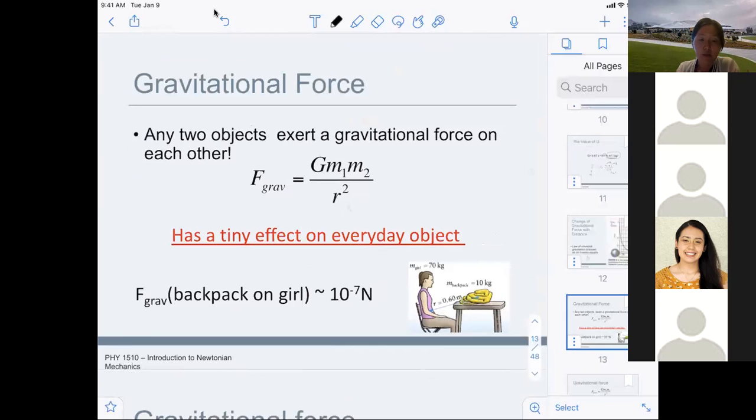For example, if you plug in G and use two masses, the mass of a person and the mass of an everyday object, let's say your backpack, assuming a mass that is actually pretty big for a backpack, you get a very, very tiny gravitational force. It's so tiny that it is negligible and you don't have to worry about it.